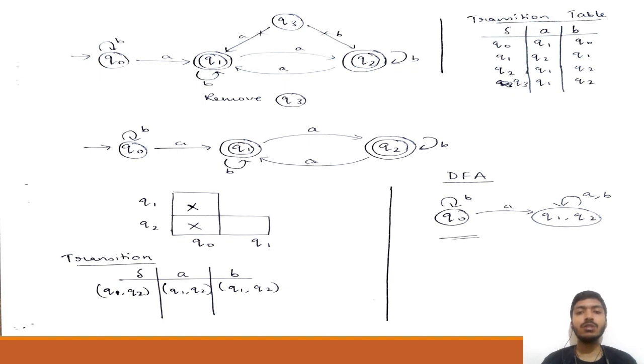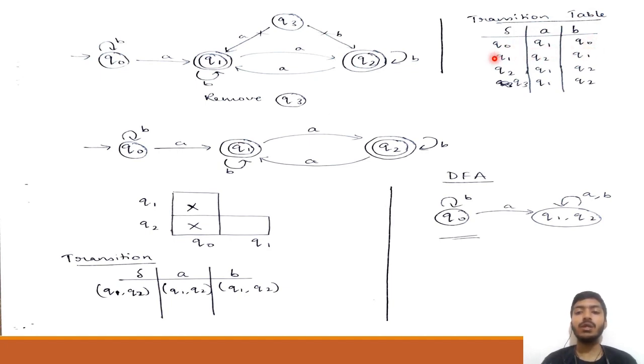For a minimization of DFA problem, we'll use the table filling algorithm. In this question, we have four states Q0, Q1, Q2, Q3. Q1 and Q2 are our final states and they are represented by double rings around them. We have created a transition table where Q0 upon A goes to Q1, Q0 upon B has a self loop and comes to Q0 itself.